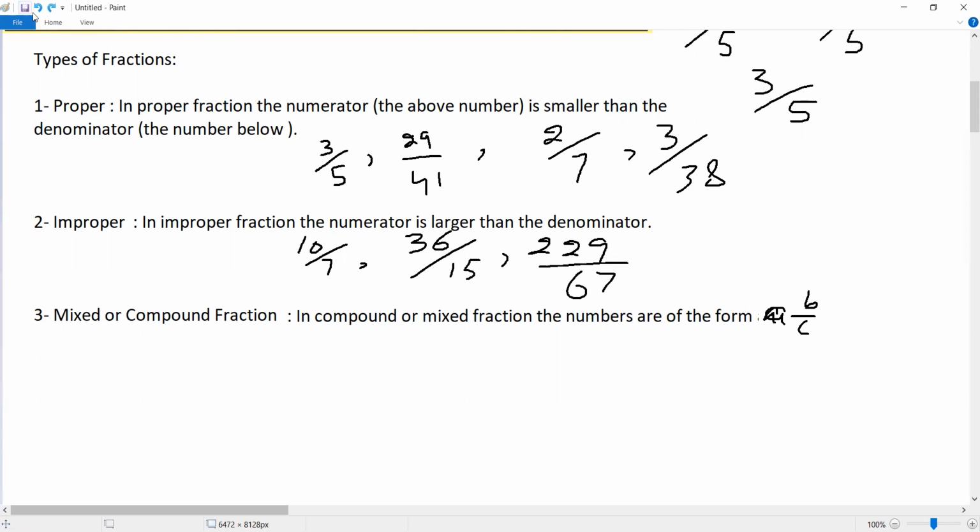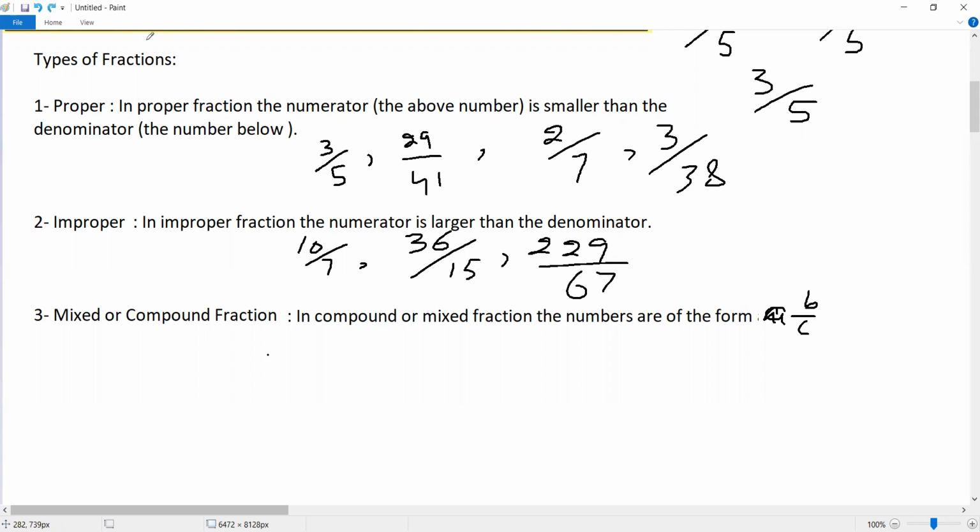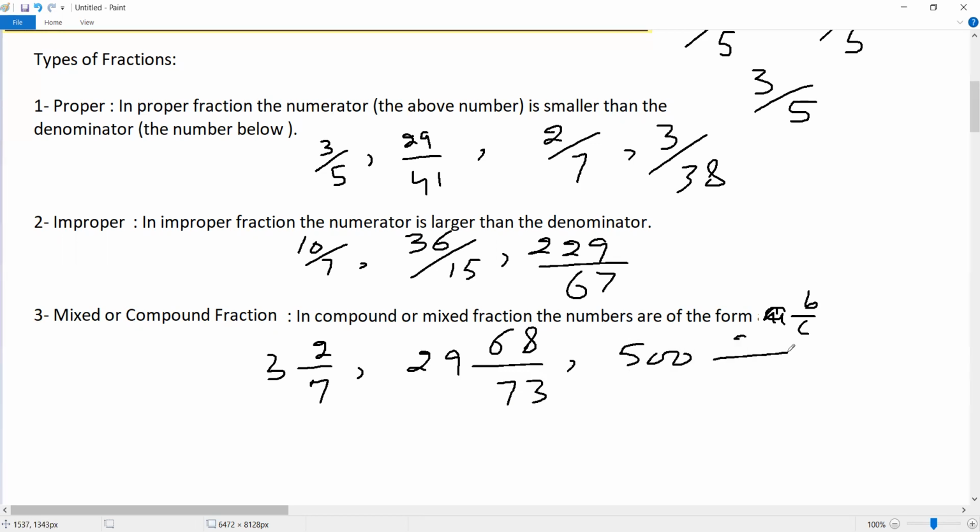Now let me give you some examples. 3 whole 2 over 7. 29 whole 68 over 73. 500 whole 201 over 329.